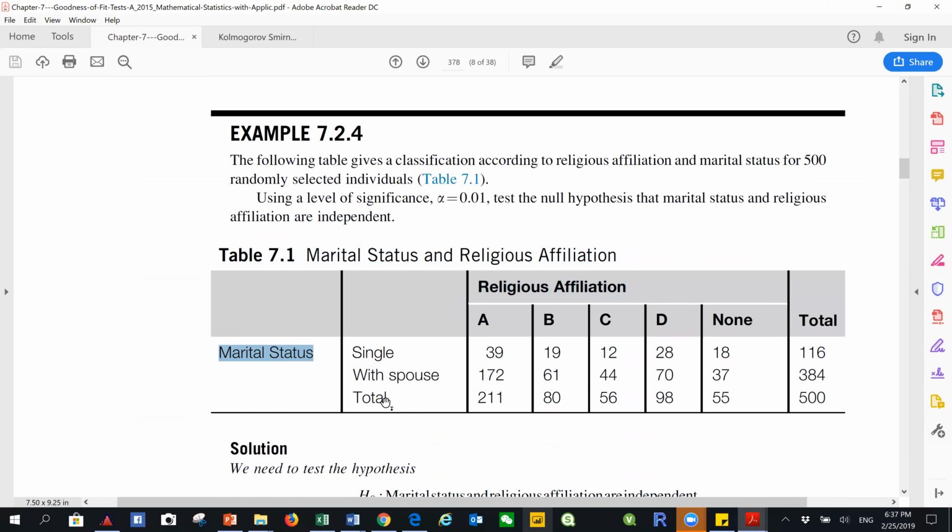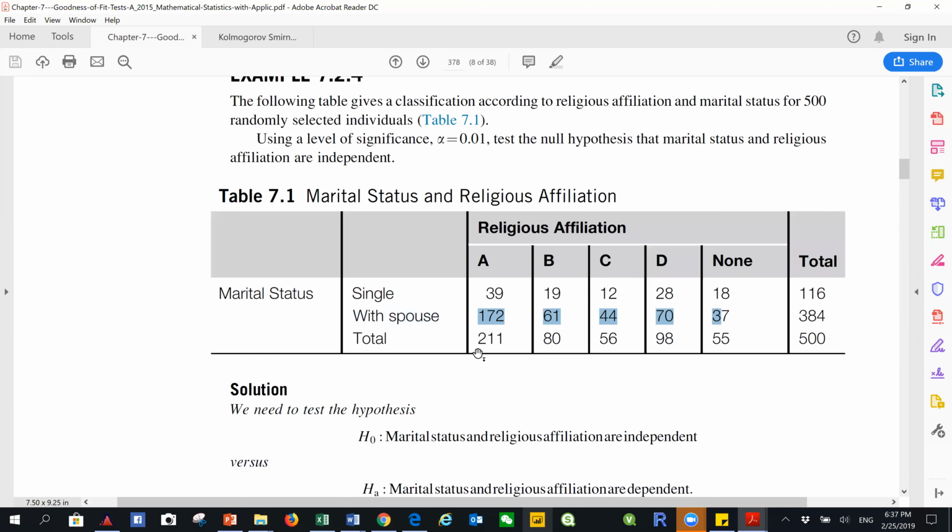Doesn't matter whether you're single or married, that won't affect your religious affiliation. If you are single, do you need religion more, or if you are not single, do you need religion more? We don't know.